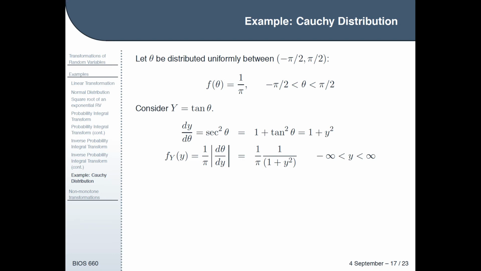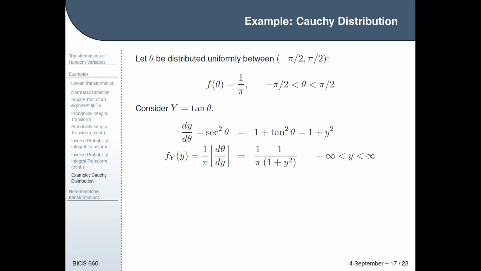So to calculate the density function for this derived variable y, that's just going to be the density function of the original random variable theta, 1 over pi, times 1 over this derivative, which is 1 over 1 plus y squared.